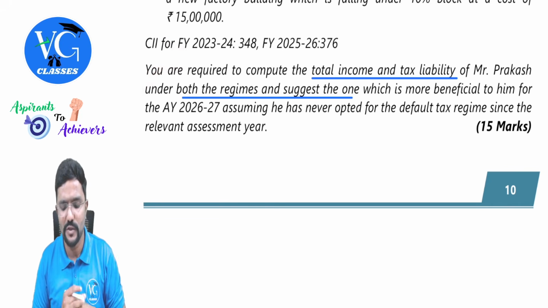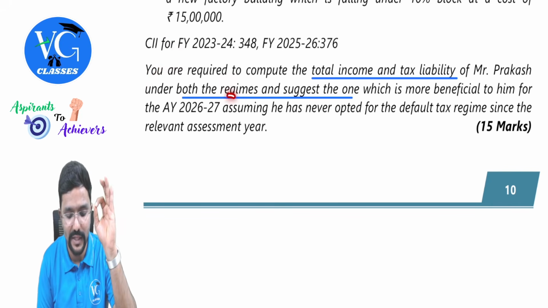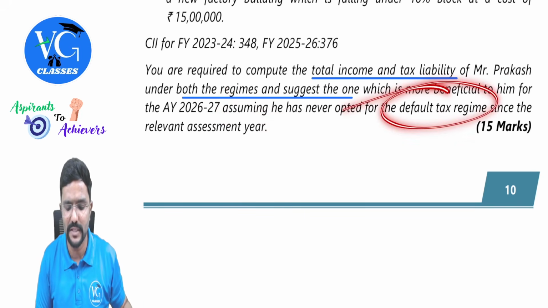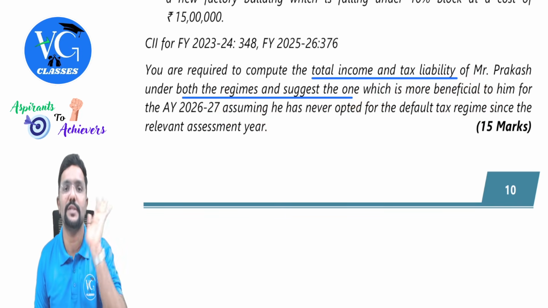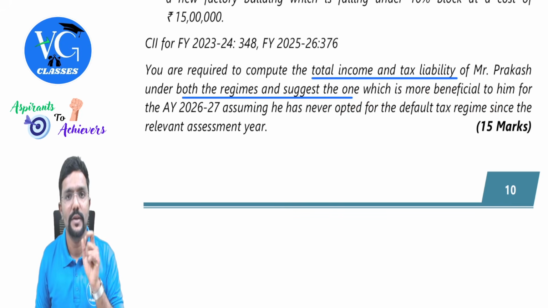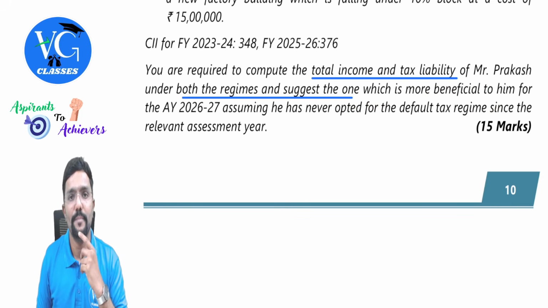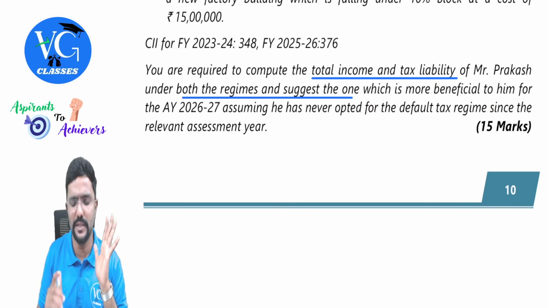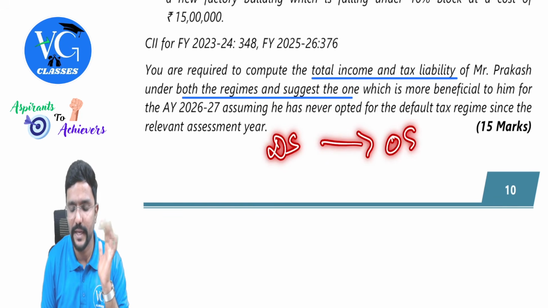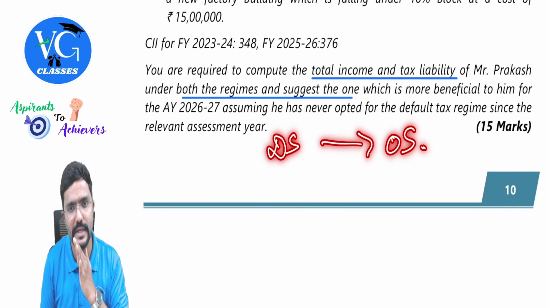You are required to complete so and so. We already finished. By the way, guys, one thing they have given here, please be careful with this. They never opted for the default regime itself. It means in the past they were following the optional scheme. Now in the current year, sir, can they come, because they have business income? Can they come to optional? Yes, guys. For the assessee who has business income or income under the head PGBP, from the default scheme they can go to the optional scheme. They can continue under the optional scheme.